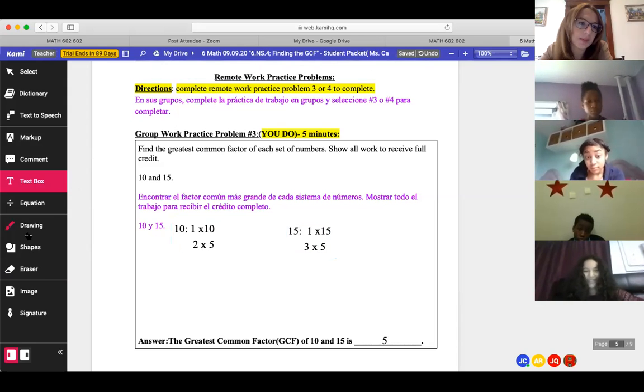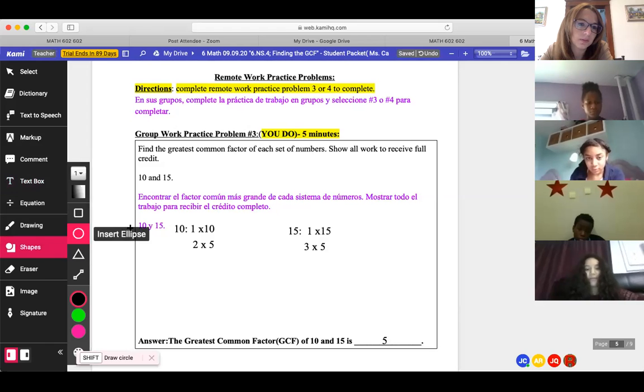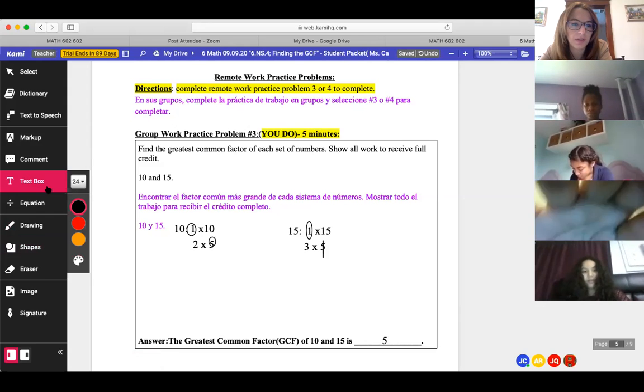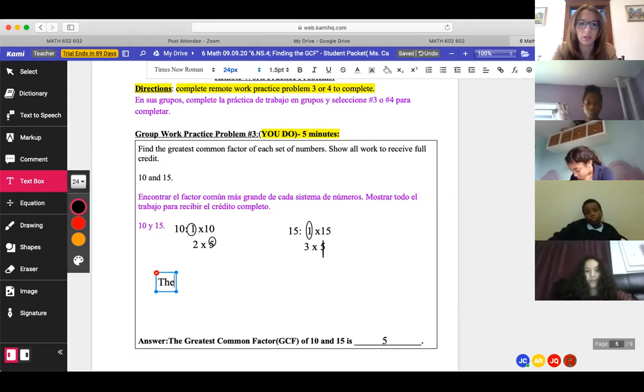What do they have in common, kiddo? They both have 5. So the GCF is 5, which is already written there. Bingo. Anyone have any questions about this? Because we're going to move on now to something harder. So the GCF is 5, which is the greatest common factor.